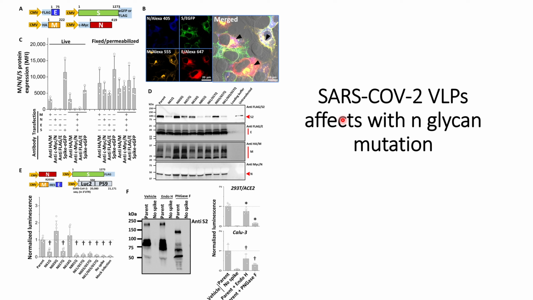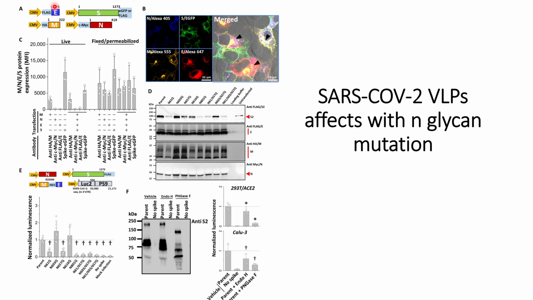In this video, we will discuss the effect of SARS-CoV-2 virus-like particles with the N-glycan mutation on the spike protein. These are the four plasmids used for this experiment, whose results are shown in this figure. Each plasmid has a different reporter.